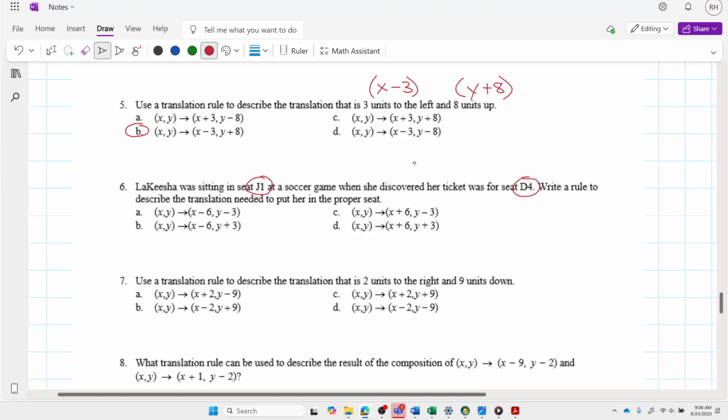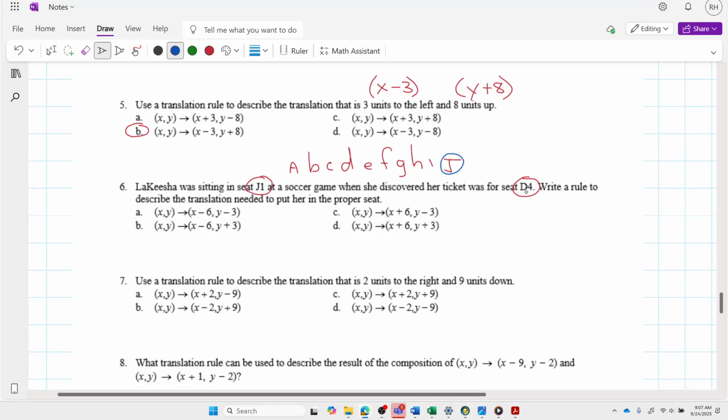So our alphabet goes A, B, C, D, E, F, G, H, I, J. And then we all know how to count. So look what happened to her seat. She was in J, right, which is right here.